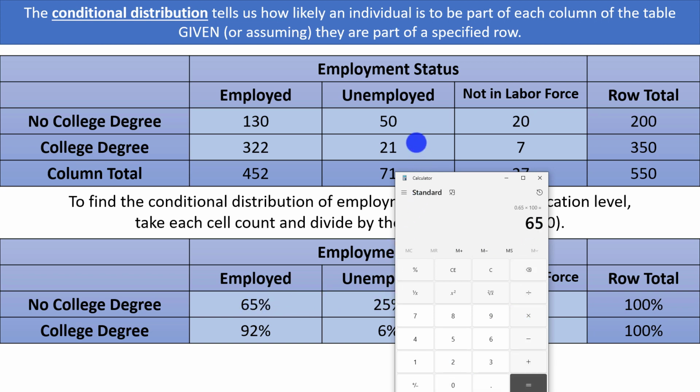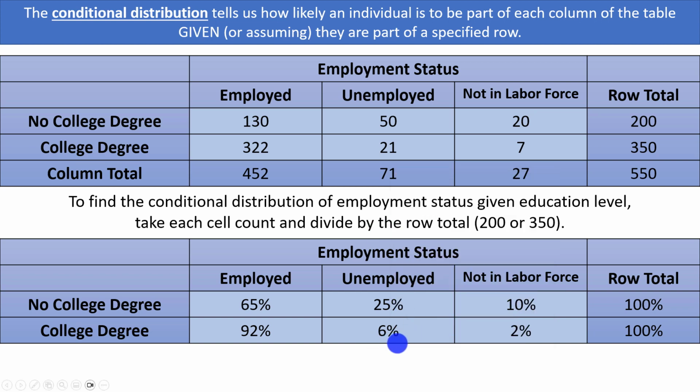Or if I took the 21 here and divided by the row total of 350, I would get 0.06, which is the 6% that I have right here, okay?